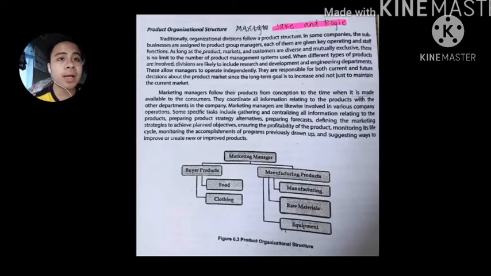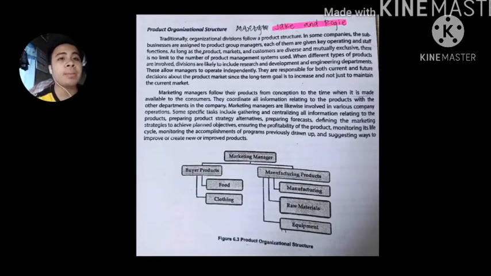Some specific tasks include gathering and centralizing all information relating to the products, preparing product strategy alternatives, preparing forecasts, defining the marketing strategies to achieve planned objectives, ensuring the profitability of the product, monitoring its life cycle, monitoring the accomplishments of programs previously drawn up, and suggesting ways to improve or create new or improved products.